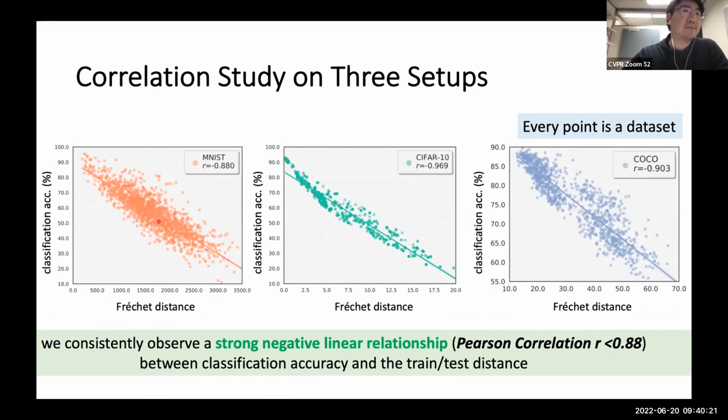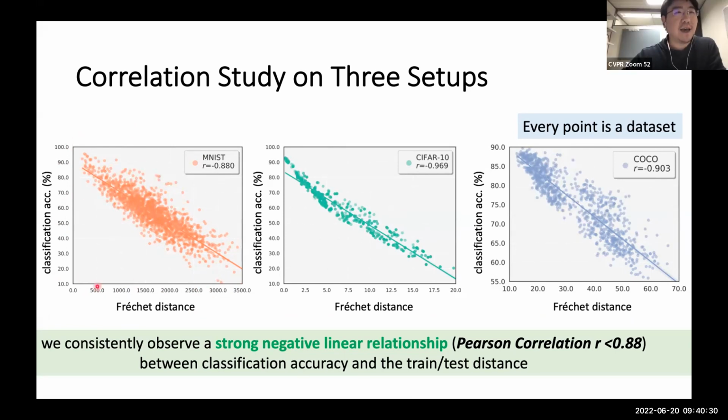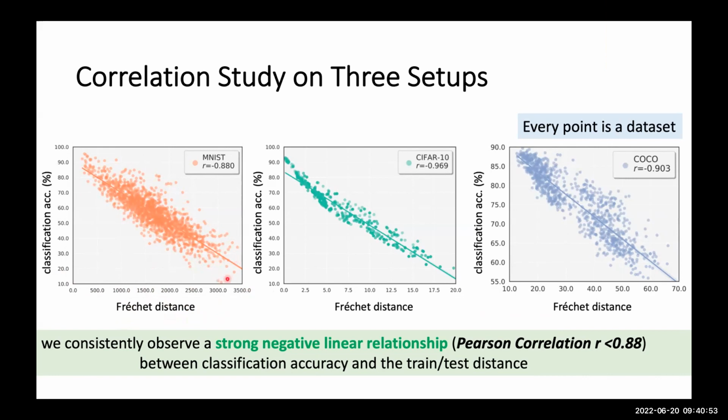Basically, we can see a negative linear relationship between the classification accuracy and the feature distance, which is consistent with what we expected. When your test set is very far from your training set, where the feature distance is larger, there's a bigger domain gap, and your model will probably perform worse on these difficult test sets.